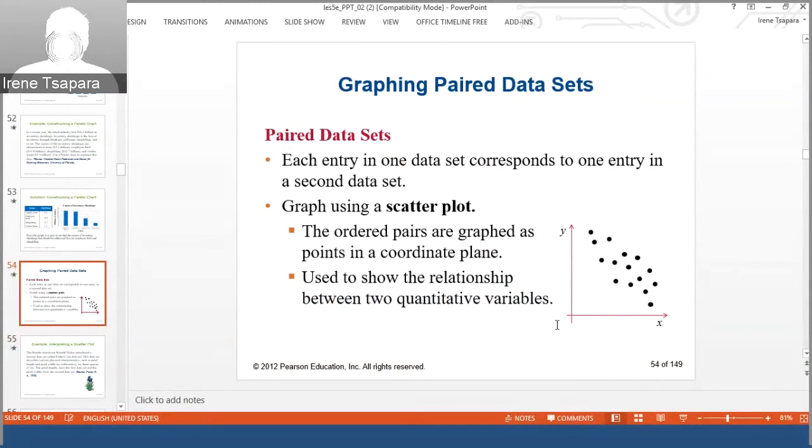So Nike shoes, we have different styles, and on the y-axis we see how many different pairs we have stocked in the store.